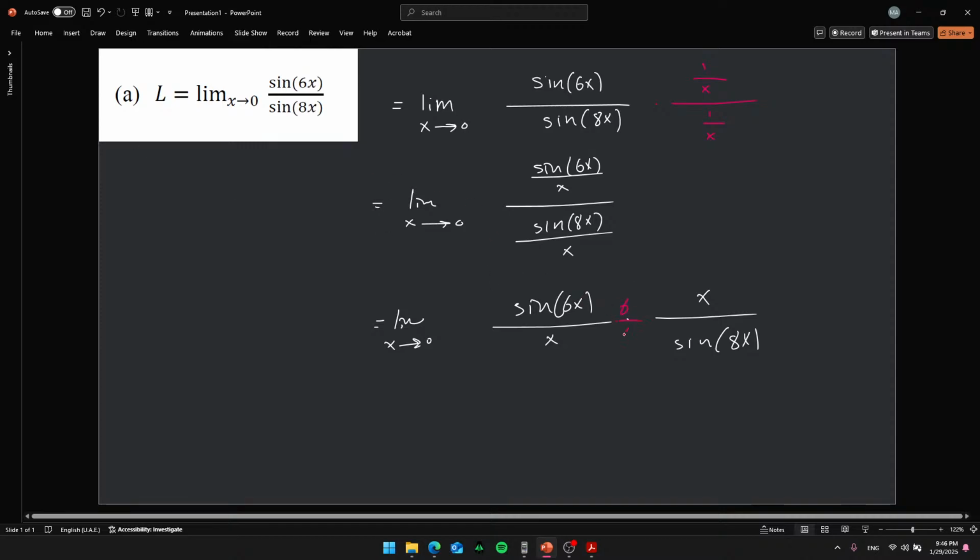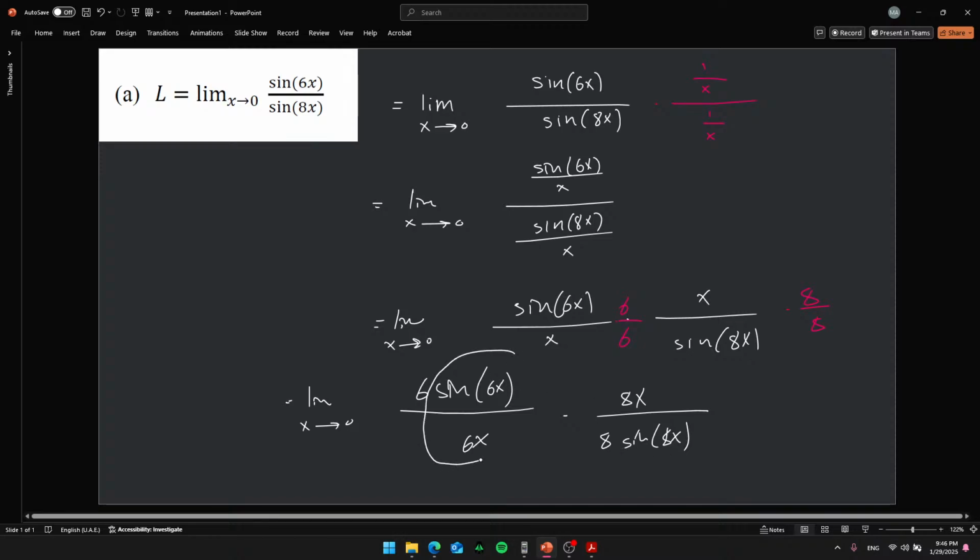Now for this, let's multiply by 6 over 6, and this 8 over 8. So I'll get limit as x approaches 0, 6 sine 6x over 6x times 8x over 8 sine 8x. So sine 6x over 6x is 1, and we have a 6 here.